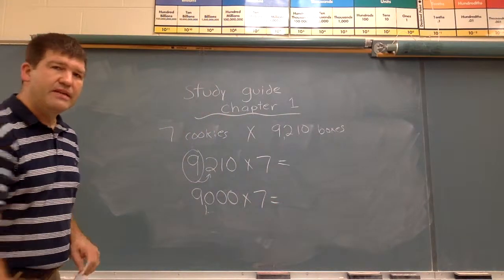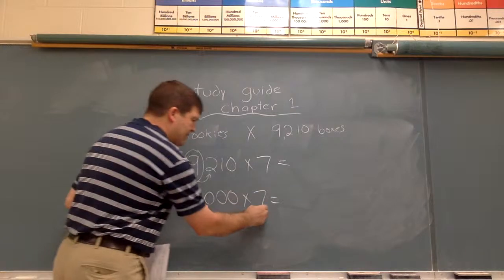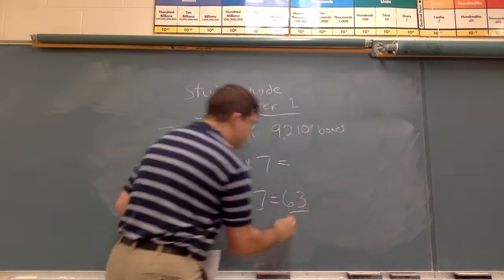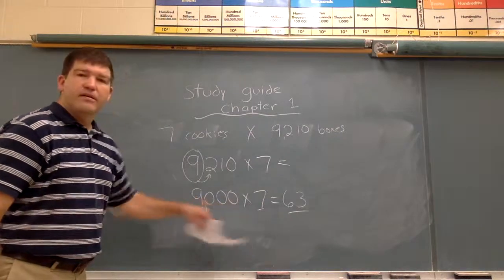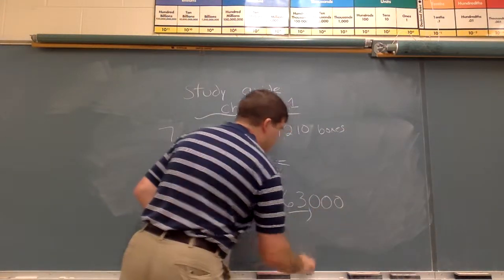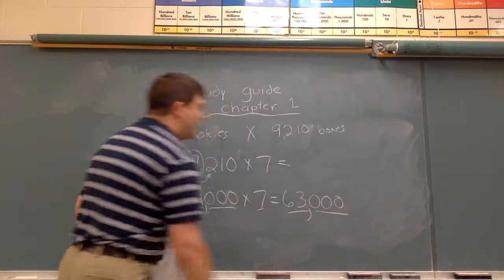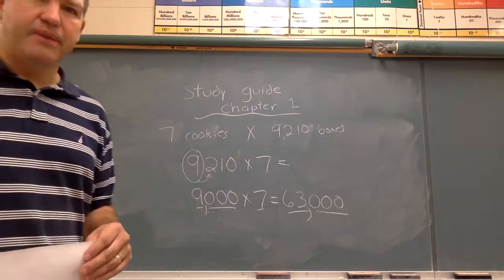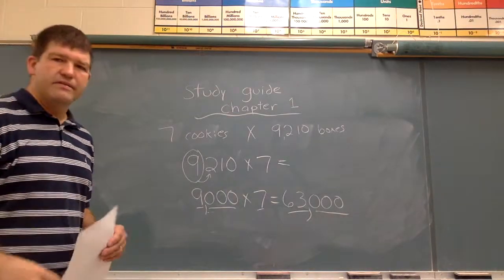This I can do easily. I know my facts. I know 9 times 7 is 63. I put my 63 down here, but then I have to bring my 3 zeros over here. So the estimated total number of cookies is 63,000. That's a lot of cookies.